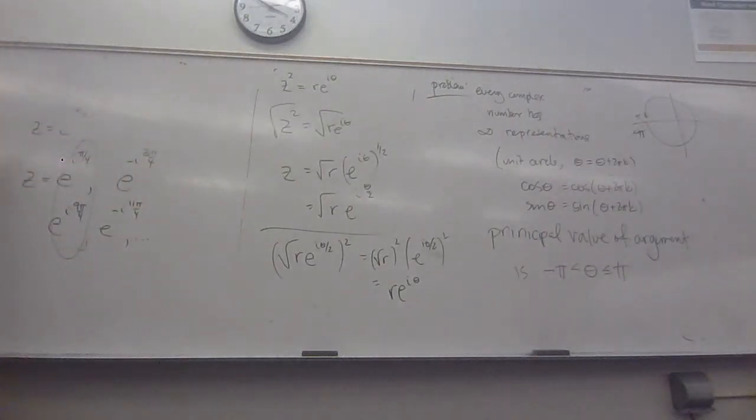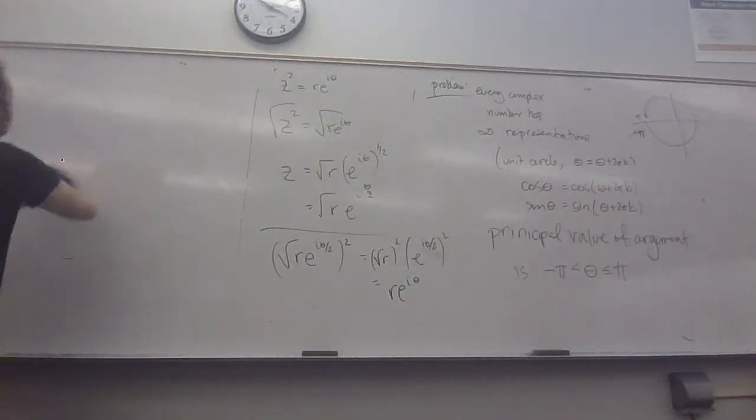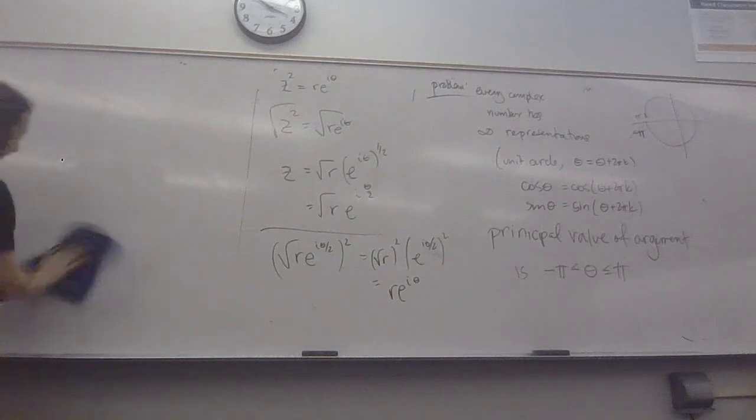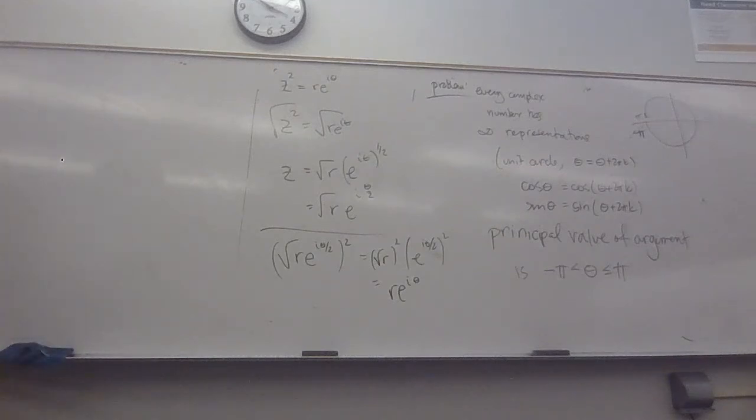Okay, so there's this weird function that only shows up in complex analysis, which is called capital arg z. Capital arg z is the principal argument of z.